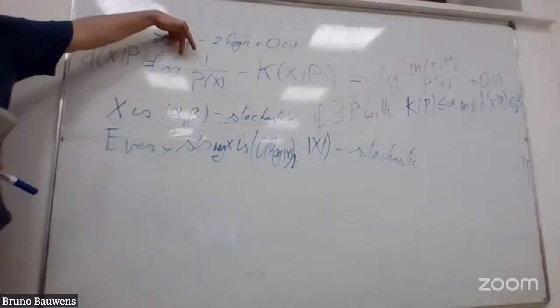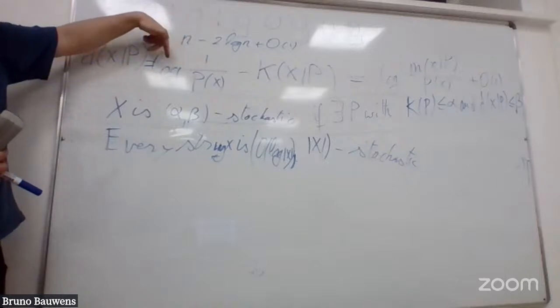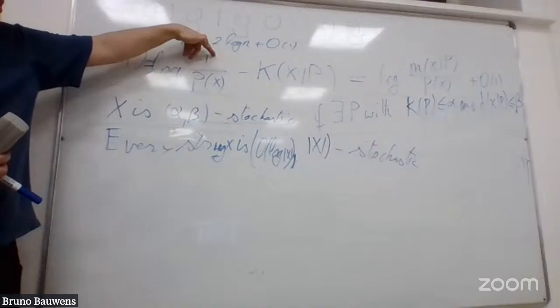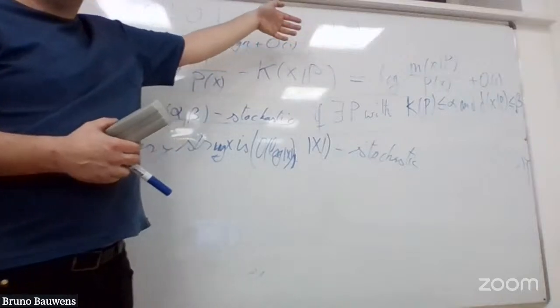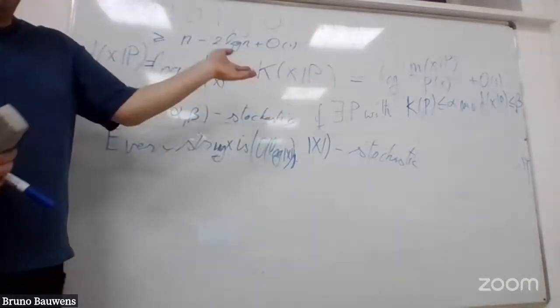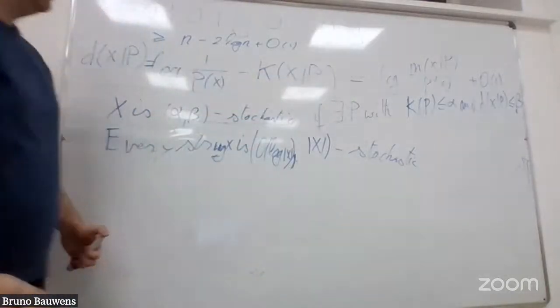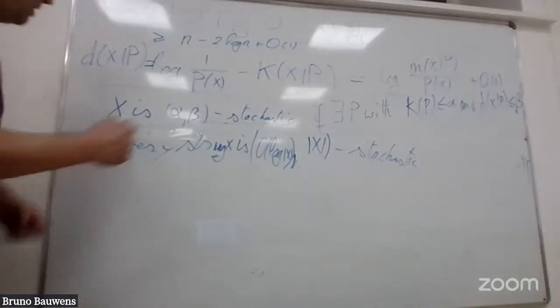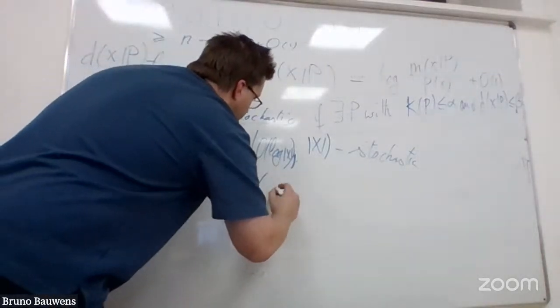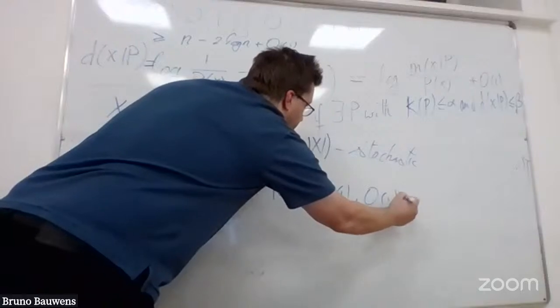Then log 2 to the power n becomes n minus complexity of x given p. So the distribution p is just a list of all n-bit strings, each with value 2 to the power minus n. So basically here is n. So every string x is, on the other side, also K of x plus O of 1 stochastic.